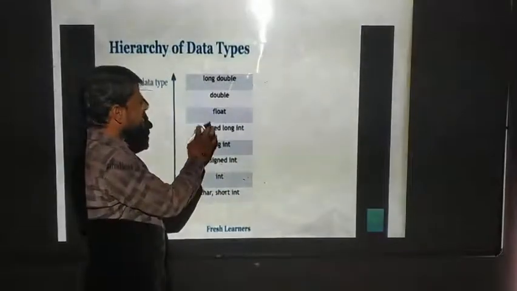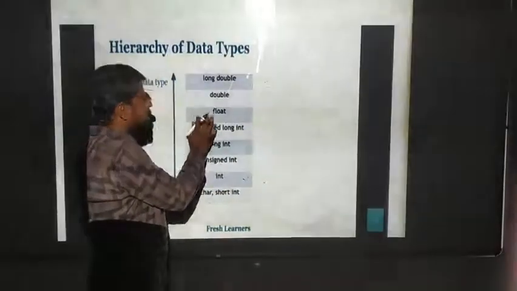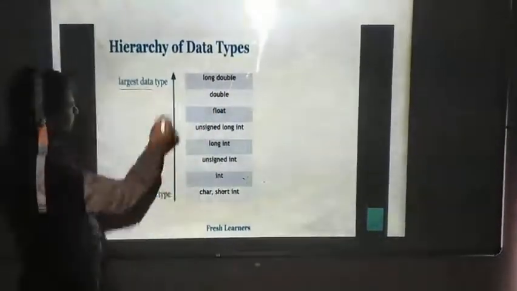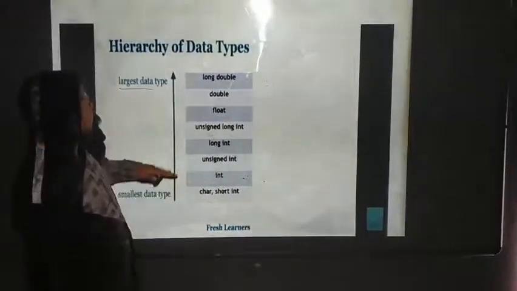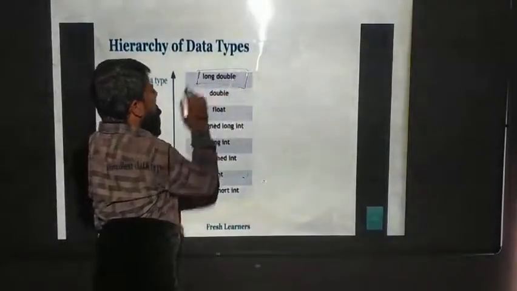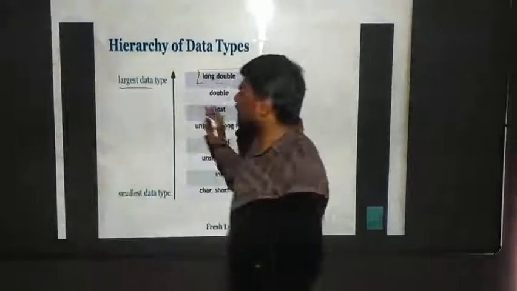A little bit larger than this is float, then double, and a little bit larger than double is long double. So the size keeps increasing. Long double is the largest data type. You can see it in the figure now.